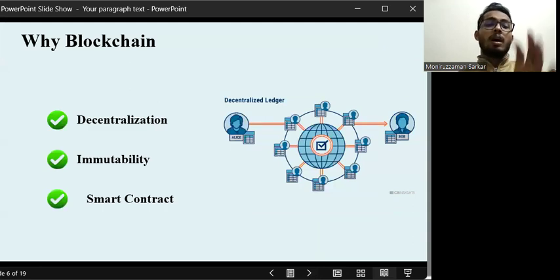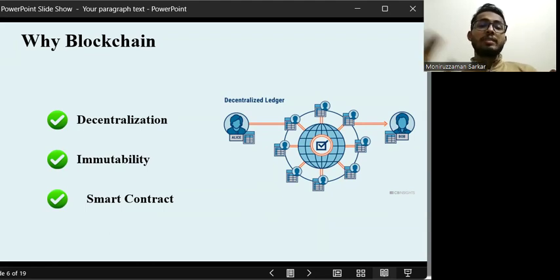Now I will describe one of the most important mechanisms, which is blockchain. Why is blockchain important, and what are the key benefits of blockchain? The first and most familiar benefit of blockchain is decentralization. In blockchain, the controlling authority is decentralized.